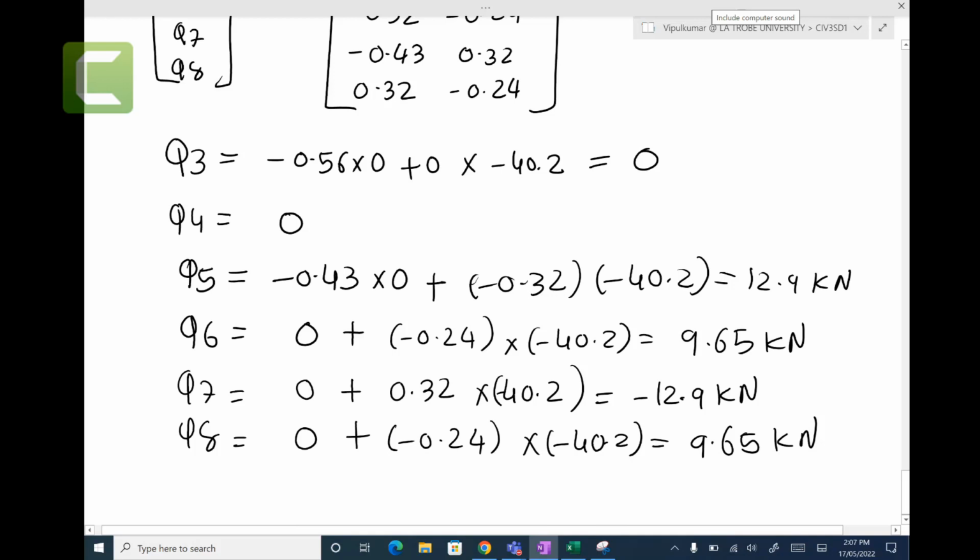Yes, please. If we look at the picture, is that saying that Q3 is 0 and Q4 is 0? Yes, that's right. Q5 is the horizontal reaction force, 12.9. I think you asked a good question, so let me clarify that one here.